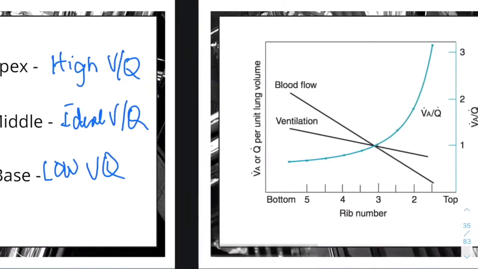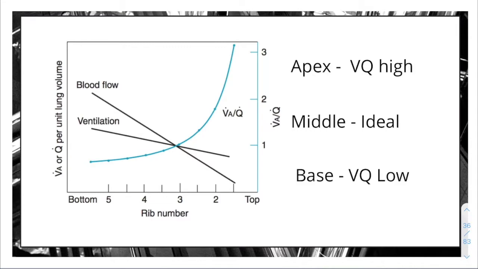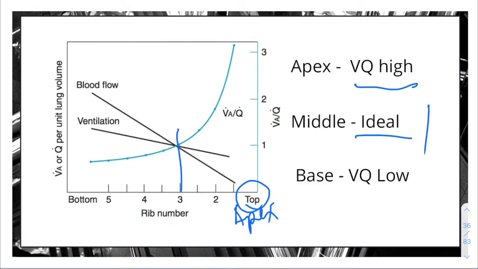So again, at the apex or the upper lung zone, you have a high VQ. In the middle portion, you find a VQ of 1. At the base or the lower lung zone, you have a low VQ because perfusion is greater than ventilation.